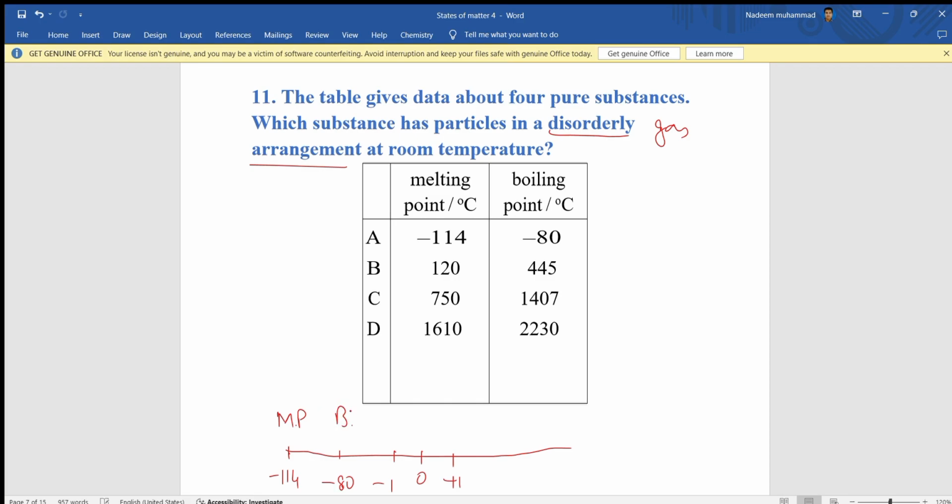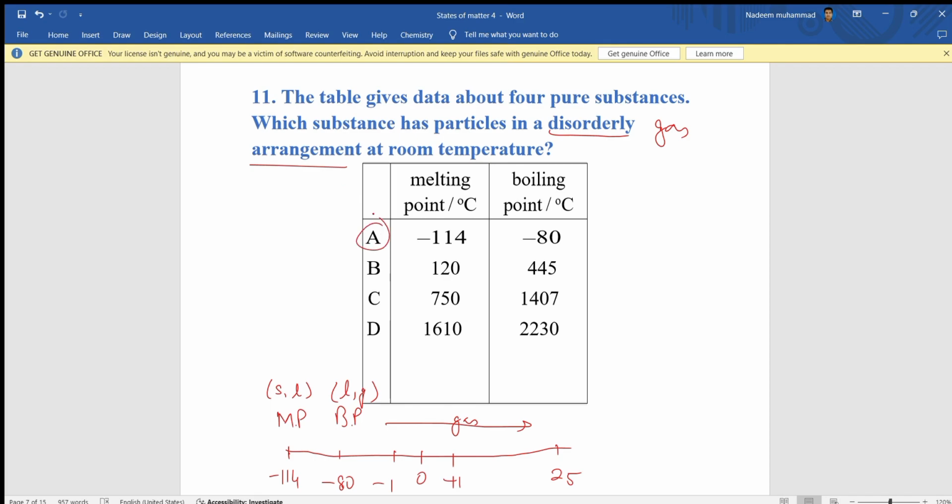We know that at melting point, two states of matter can exist, and these are solid and liquid. And at the boiling point, liquid and gas states coexist. So that means at room temperature, which is 25 degrees Celsius, we will have A existing as gas. So the correct option is A.